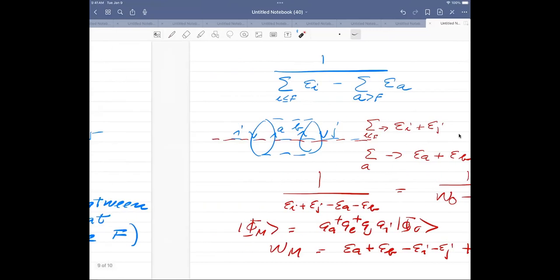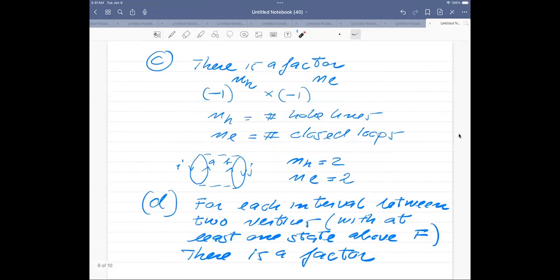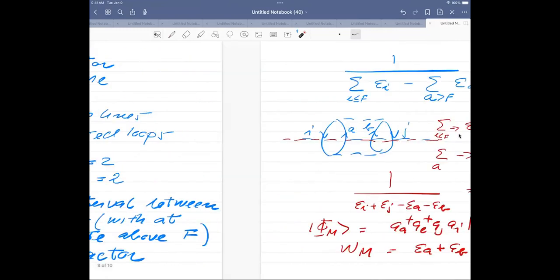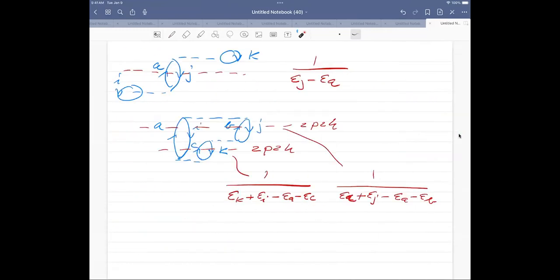There is an energy denominator for every interval between two interactions, written as the sum of single particle hole states which participate, minus the single particle states above the Fermi level which participate. So you can just look at the diagram and extract the contribution to the analytical expression.